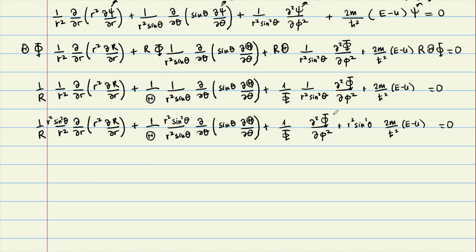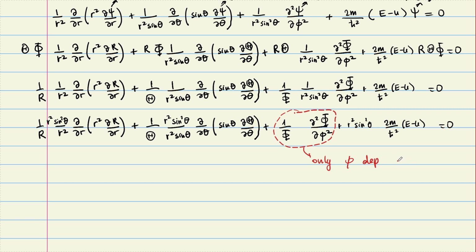Now, as you can see, I isolated one term. This term here is only phi dependent. So it's like what we did before: we called it a constant.